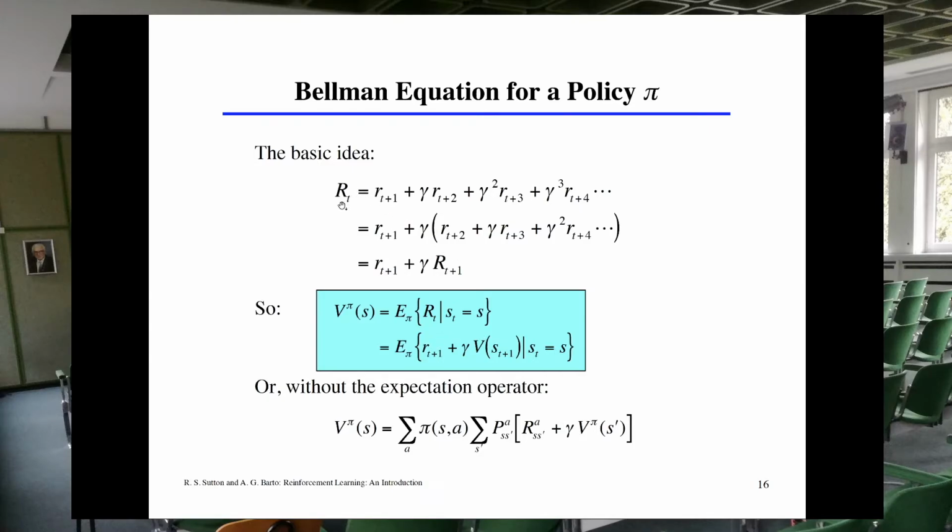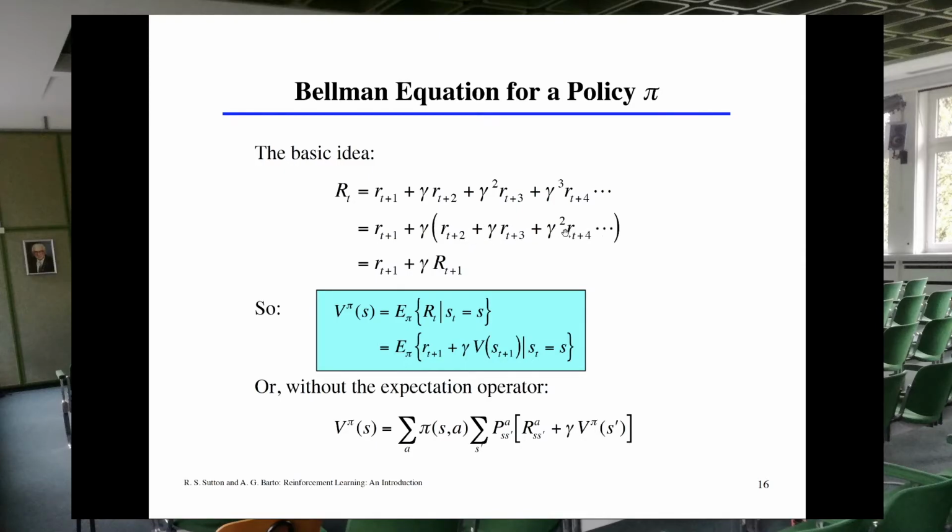First, remember that the return is defined as the discounted sum of rewards that you will get starting from the current state t. So we can write it as this. But then if we factorize this gamma here, we can say gamma times all this expression here.